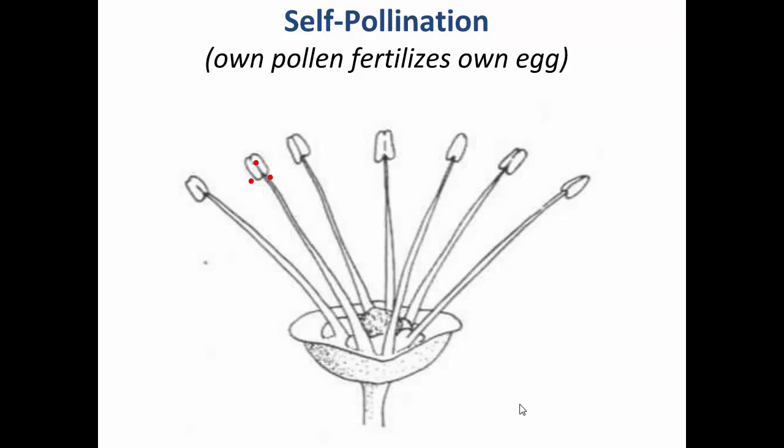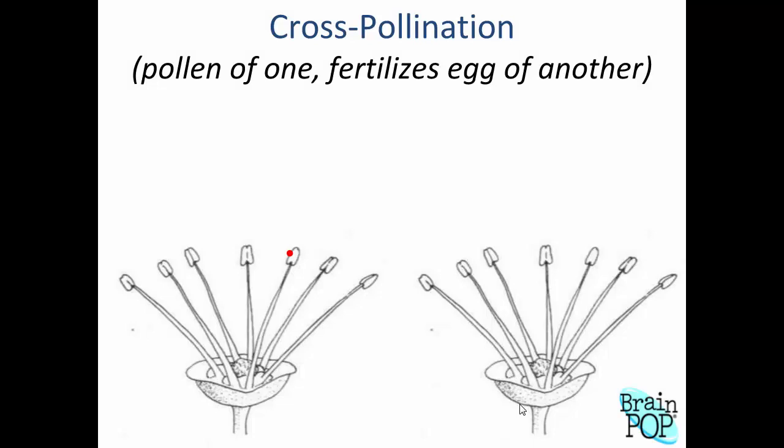So self-pollination is when pollen goes from the stamen of one plant onto the stigma of the same plant. Cross-pollination is when the pollen grain fertilizes a different flower from a different individual.